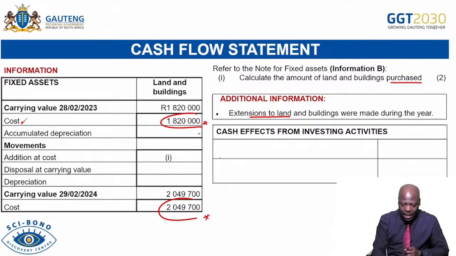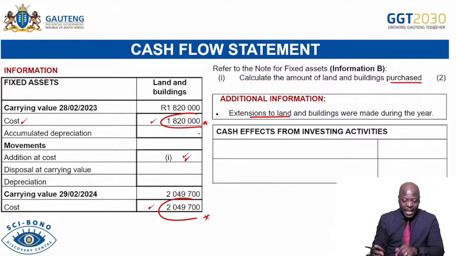So what we want to see is those additions. How much were the extensions to the land and buildings? We're going to simply say it was 1,820,000 and now it's 2,049,700. Because this is going to be a cash outflow, my answer has to be in brackets.